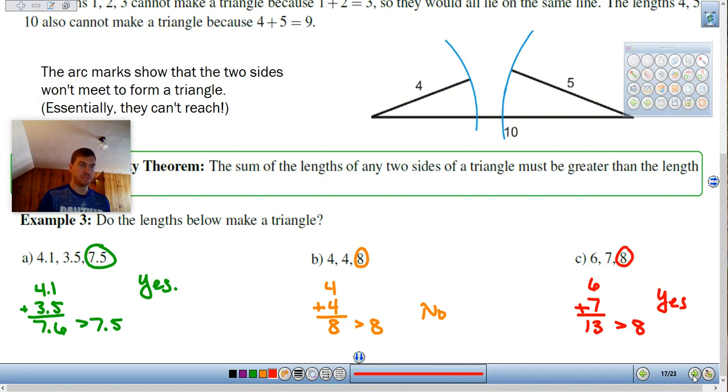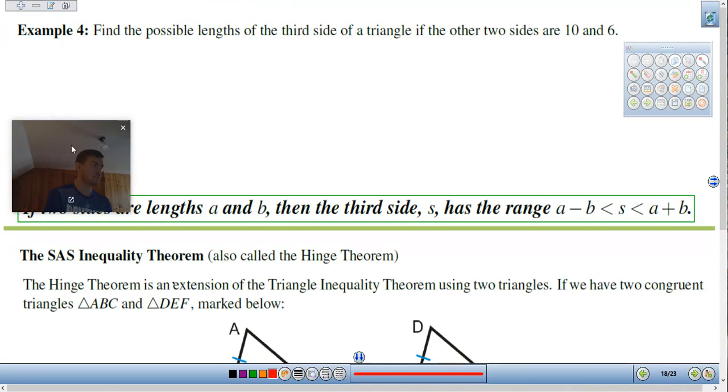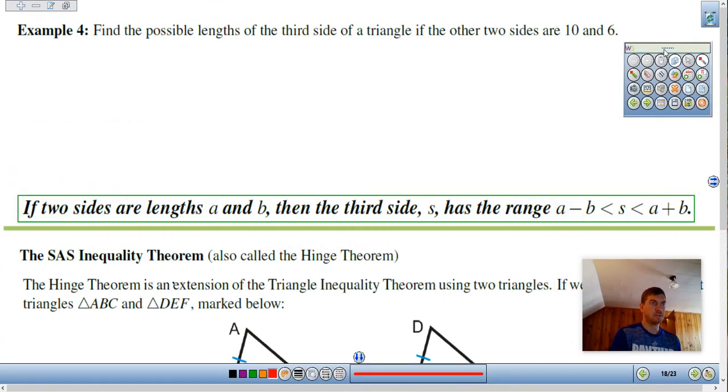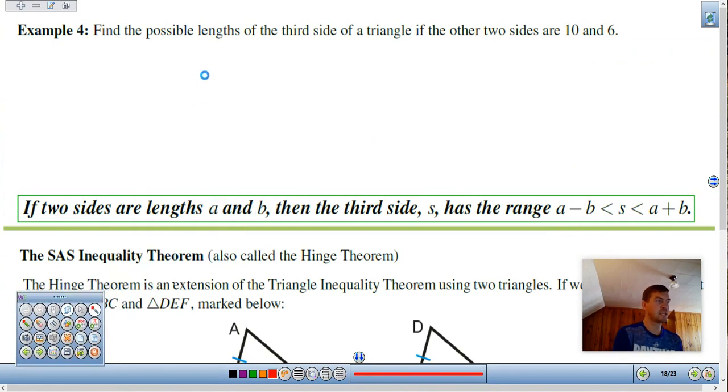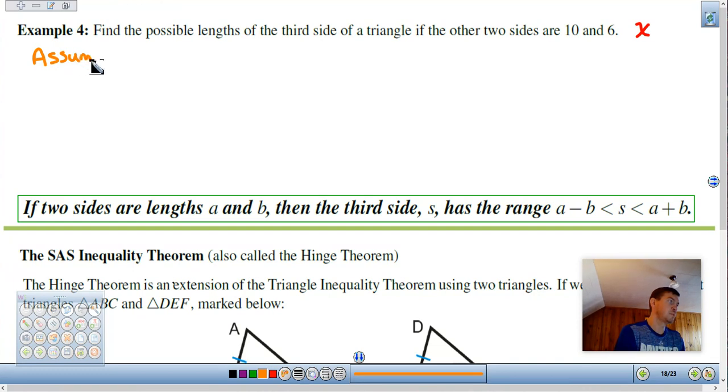So let's look at the last part here. It says find the possible lengths of the third side of a triangle if the other 2 sides are 10 and 6, which means there's a third side we don't know. We'll call it X. Let's assume that X is not the longest.